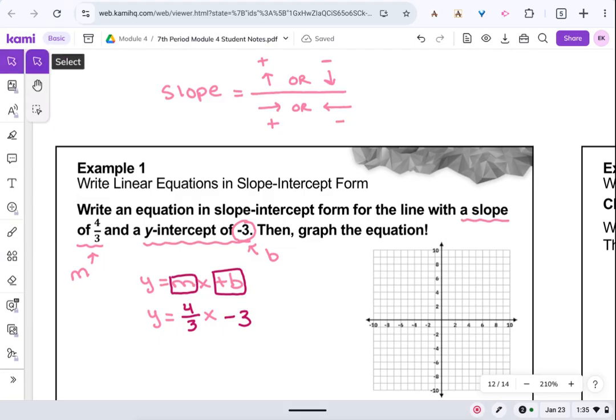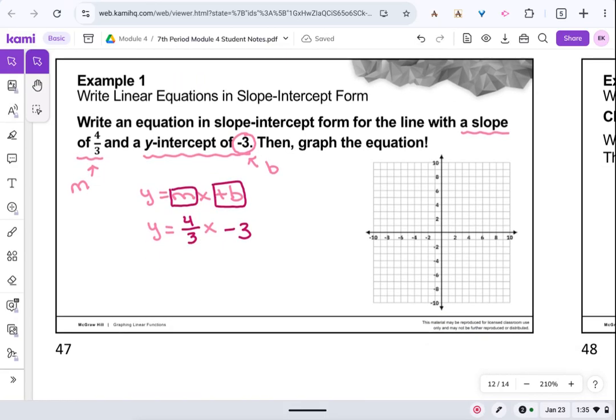Now we actually have to graph it. The graphing piece is what I would say is the most challenging. Now I'm going to give you 2 easy steps to follow in order to graph these pieces, okay? The first step to graphing is using the y-intercept, okay? So the very first thing we want to use is the y-intercept. Our y-intercept number is -3.